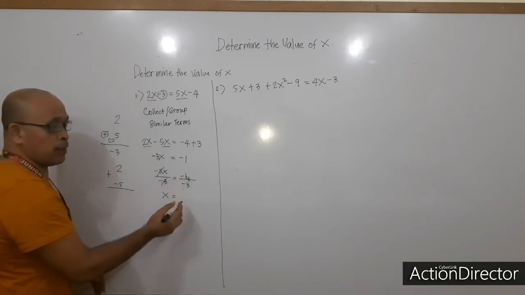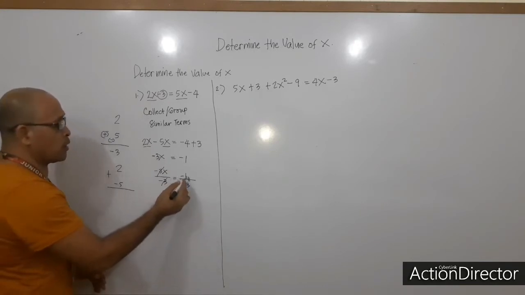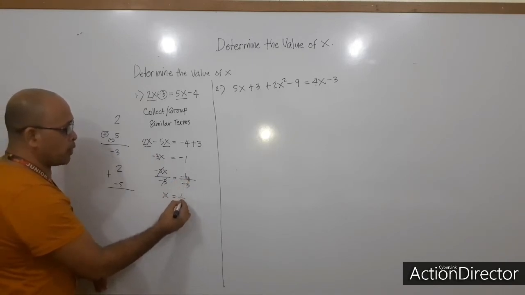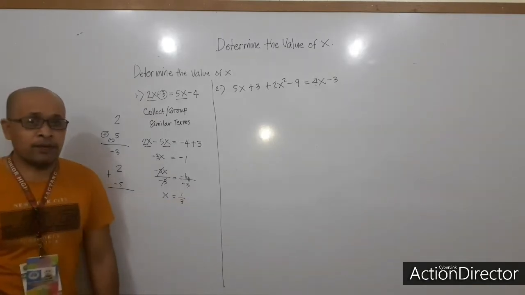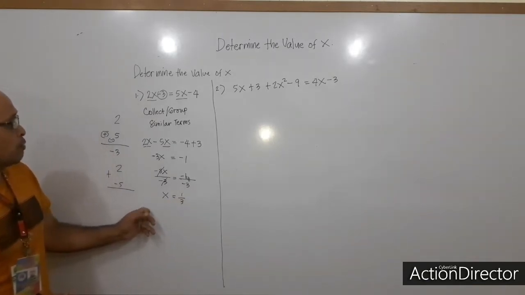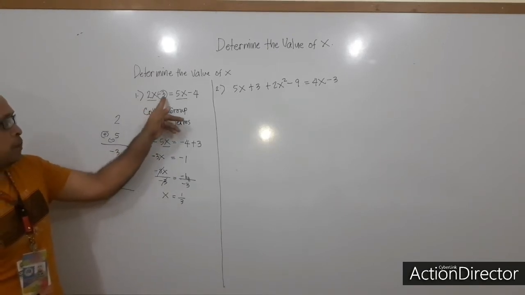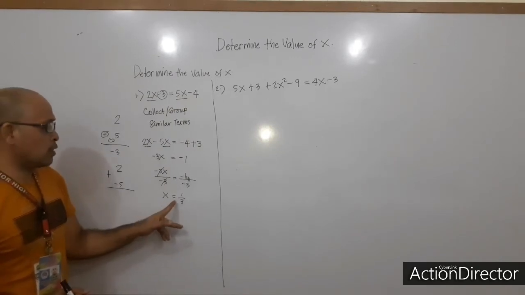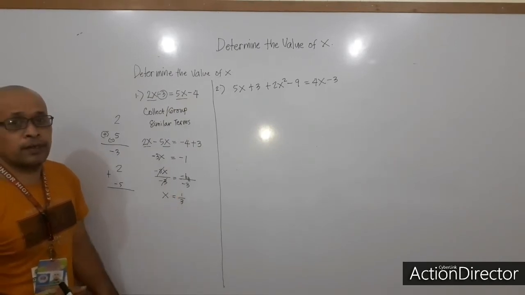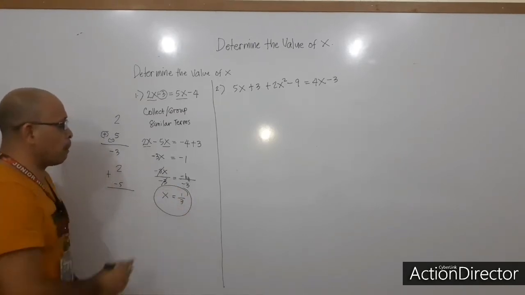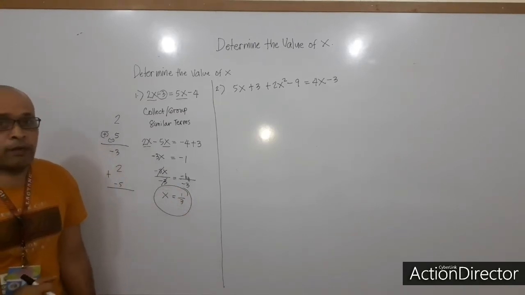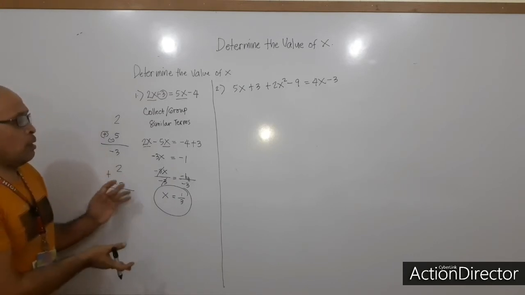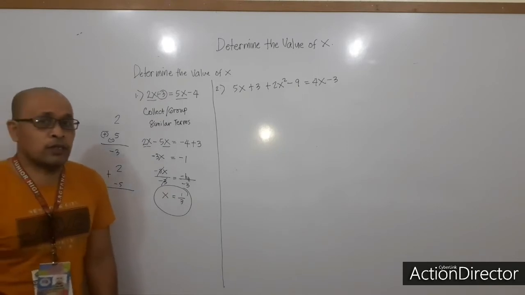Division of the same sign is positive, and since you cannot simplify 1 over 3, just copy 1/3. So when you solve the equation 2x minus 3 equals 5x minus 4, the value of x is equal to 1 over 3. This is how you solve a linear equation in one variable. I hope you can find this discussion easy to understand.